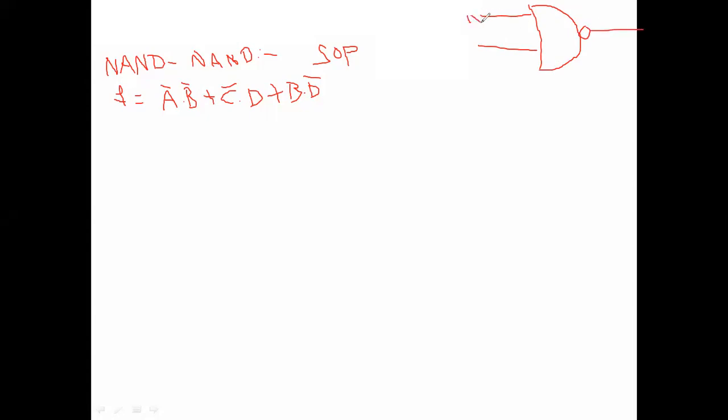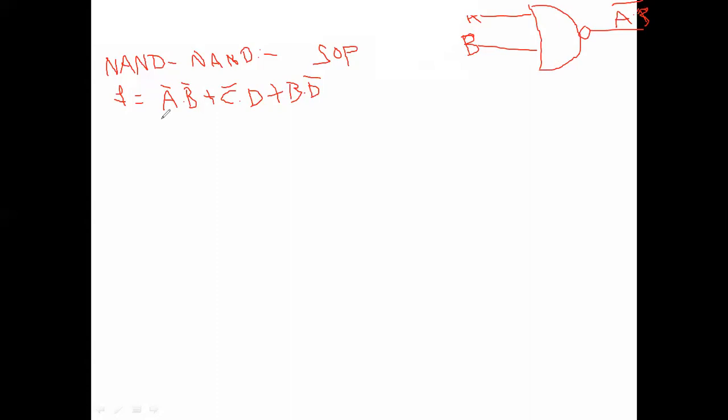A and B are the two inputs, and the output is A dot B whole bar.